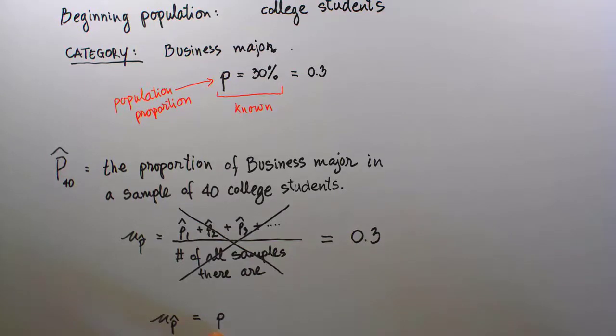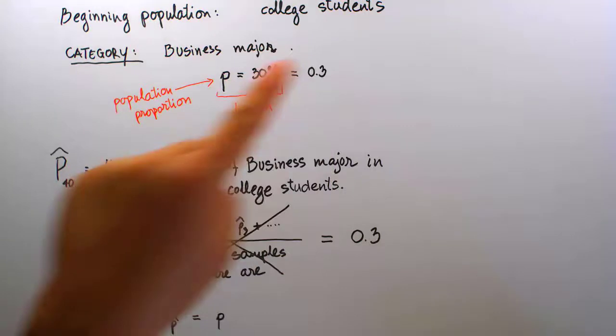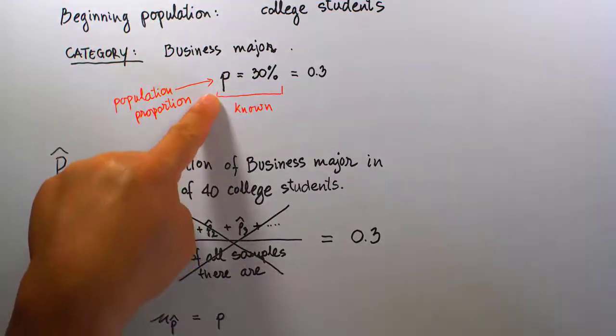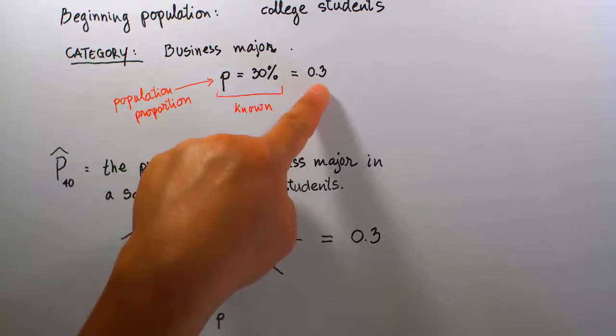And so gladly for us, in our case right here, we already knew from our beginning population, the college students population, that we already had a known proportion for business major. That known proportion was 0.3.